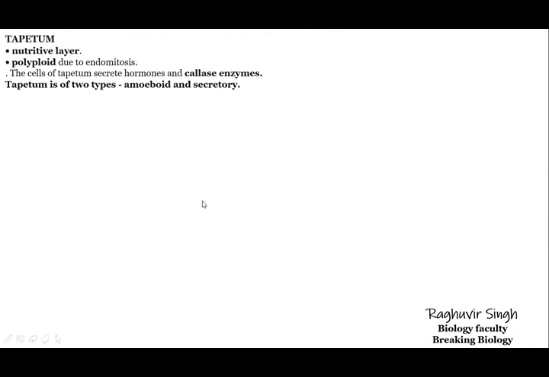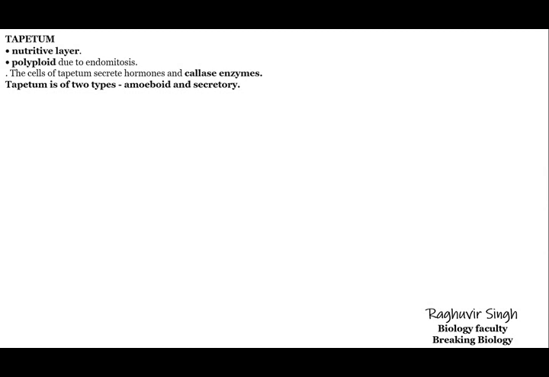Now coming to the innermost layer of the anther lobe, the layer surrounding the pollen sac, that is called the tapetum. The tapetum is a nutritional layer because it provides nutrition to the growing pollen grains, and it is polyploid in nature due to endomitosis. Endomitosis is a special type of cell division in which the chromosomes divide but the cell does not divide.